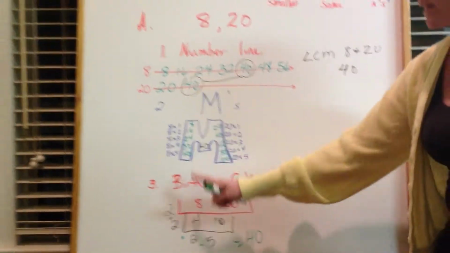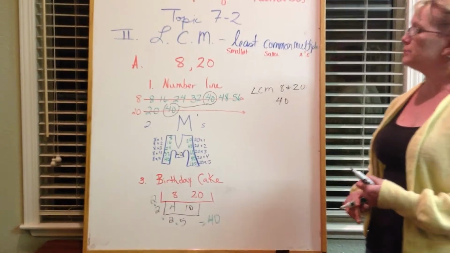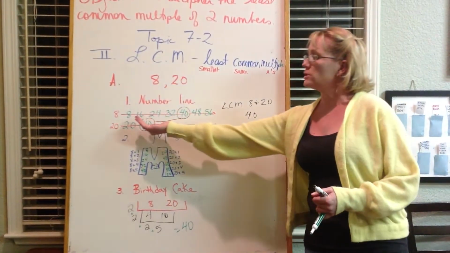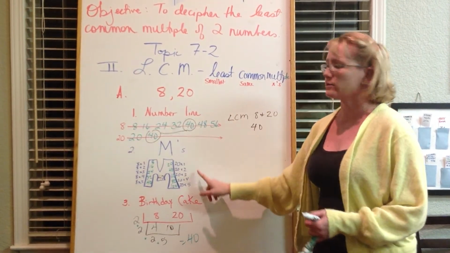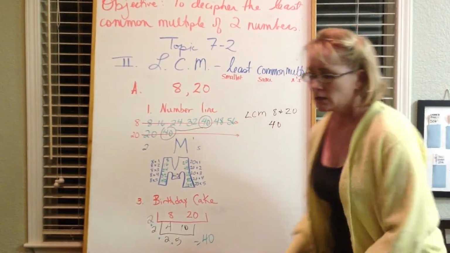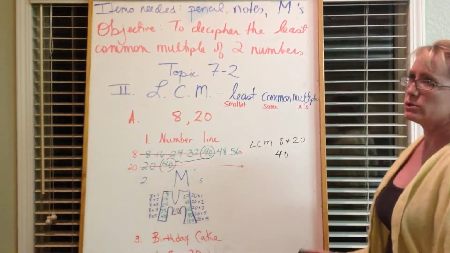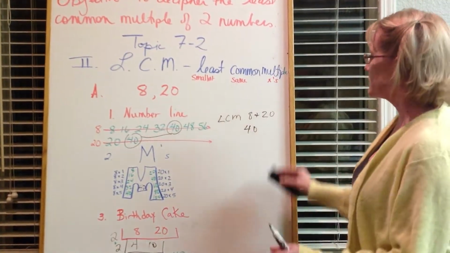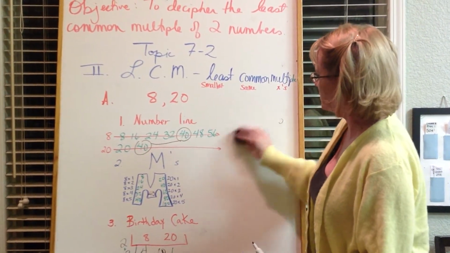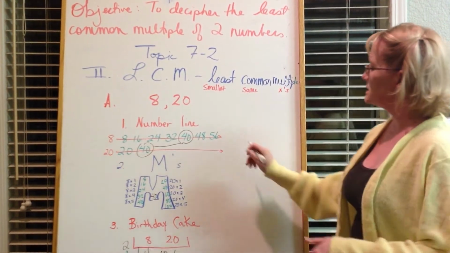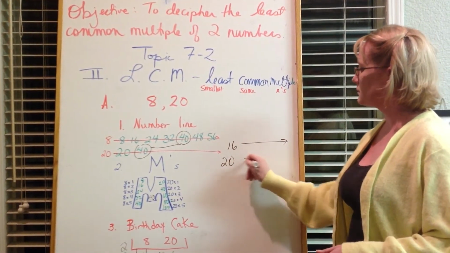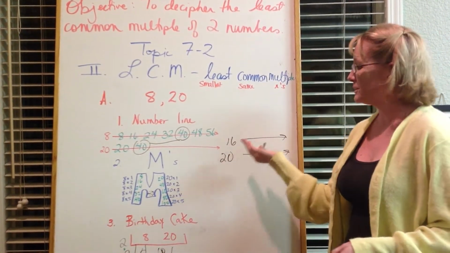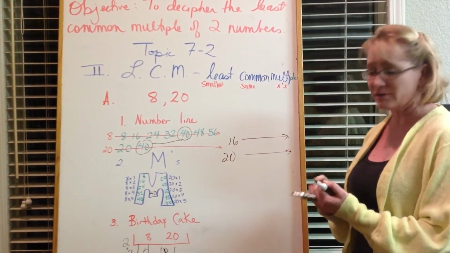So this one is my favorite because sometimes you'll have numbers that you might not necessarily know their multiplication for, and it's hard to do the number line or the M. So I'm going to show you an example. Let's do the least common multiple of 16 and 20 this time. I'm going to erase over here. So if I had 16 and 20 and I wanted to use the number line, I need to know my multiples of 16, and not all of us do.